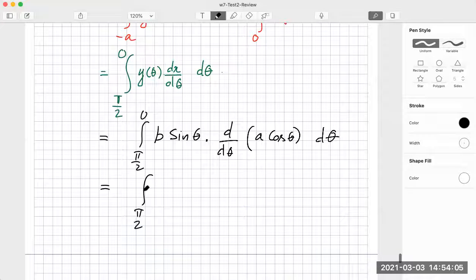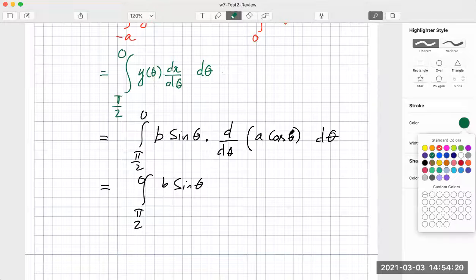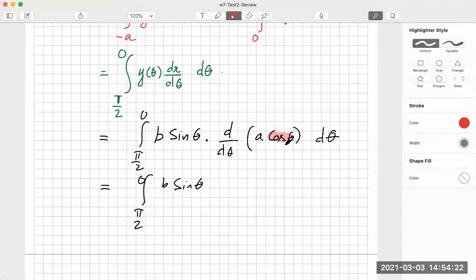Integral from pi over 2 to 0, b sine theta, just rewrite it. And what is the derivative of this guy with respect to theta? We can treat a as a constant, and the derivative of cosine gives us negative sine.